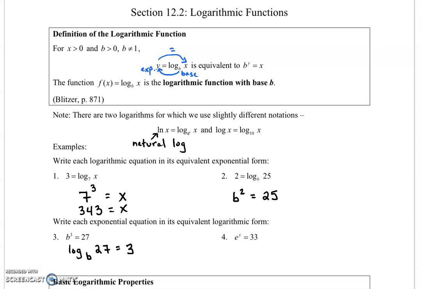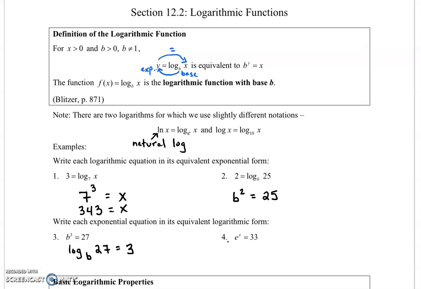Okay, you should pause the video and do number 4. Remember that when we have a log base e, that it's one of those logarithms which we use a slightly different notation for.